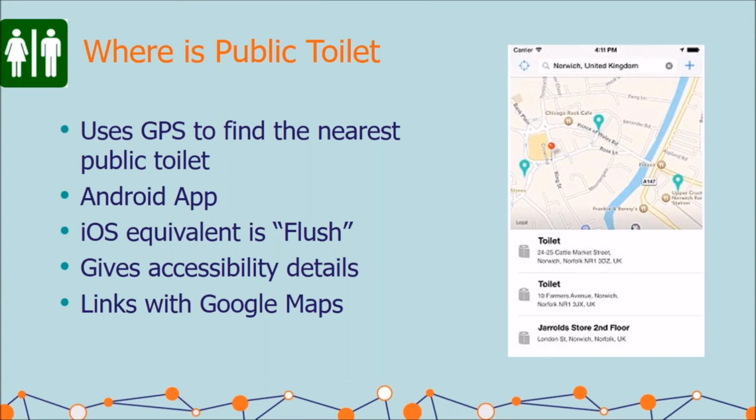But the mode is pretty clear. It uses GPS to find the nearest public toilet to you. It gives the accessibility details on there, so whether you're using a hoist or what access options you need to get into the building. So it does cover quite a lot of the things that are quite useful to know when you're accessing a public toilet.